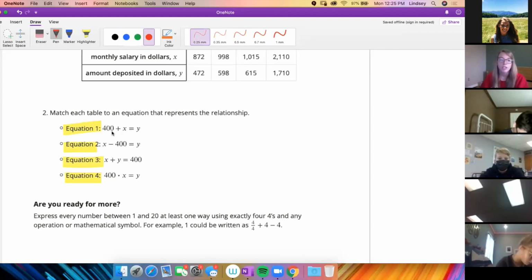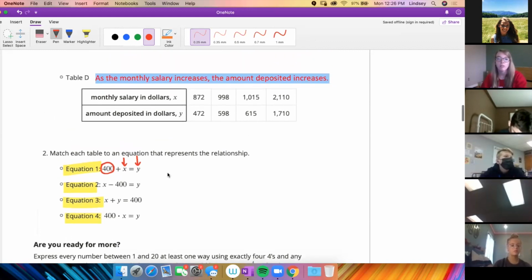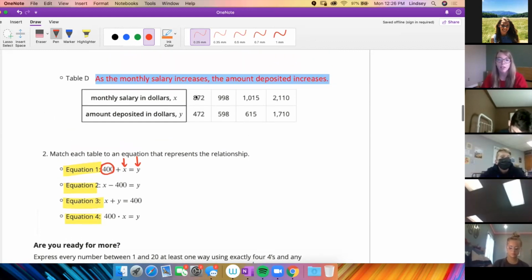In this equation, it's saying 400 plus our x value should always equal our y value. Let's look at this first table here. We have our x value, which is 872, and we're going to add 400 to it. According to this equation, it should equal y.